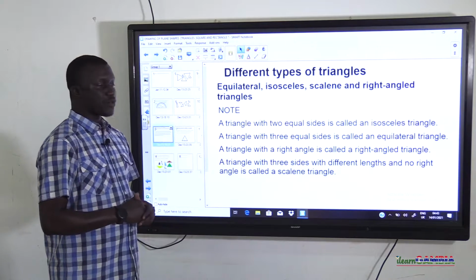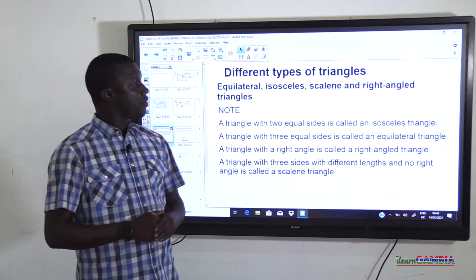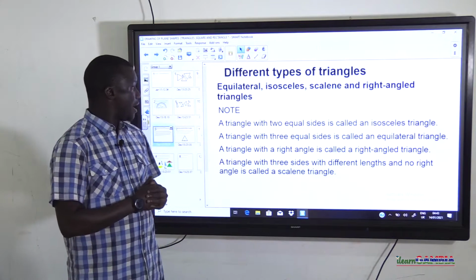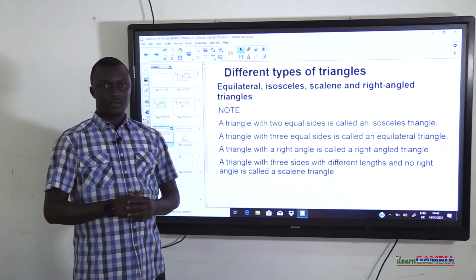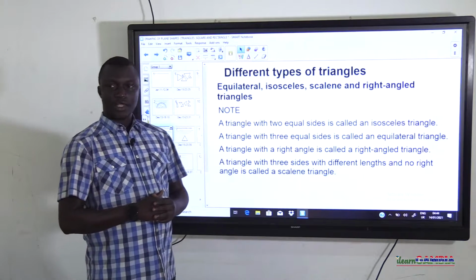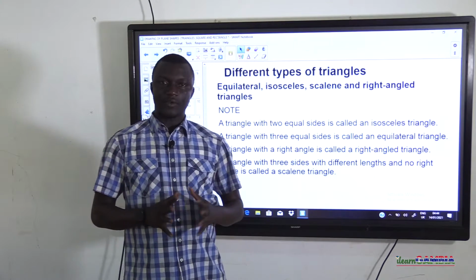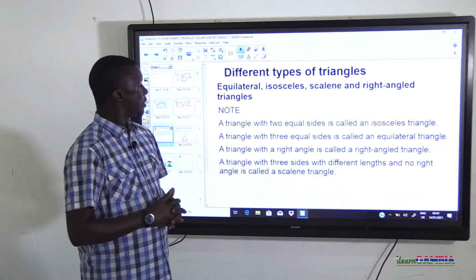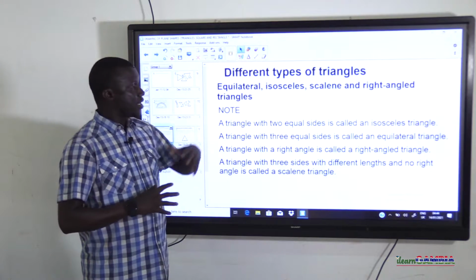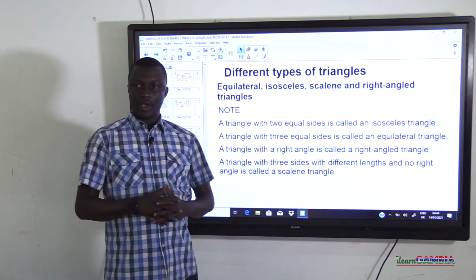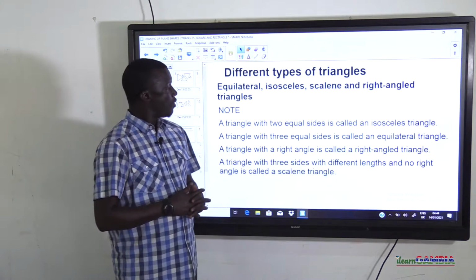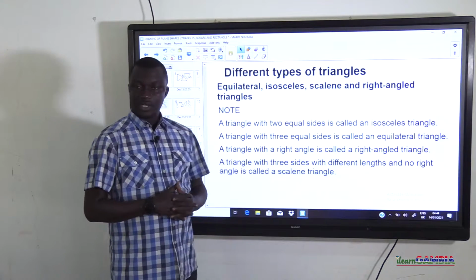Now, different types of triangles. We'll be doing the various types of triangles. First, equilateral triangles. We shall discuss what are equilateral triangles and some of the features of an equilateral triangle. Second is an isosceles triangle. We shall also look into isosceles triangles and we will draw various examples of isosceles triangles.